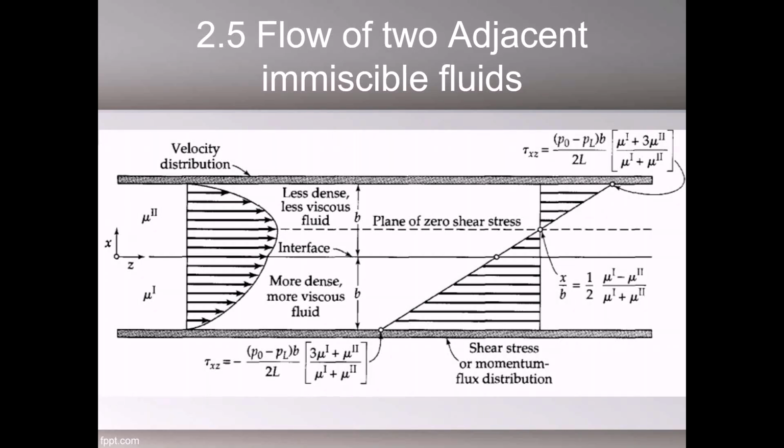And lucky for us, these two equations look similar to each other, okay? And then we try to solve that. We should have two integration intervals, right? And then we apply our boundary conditions.